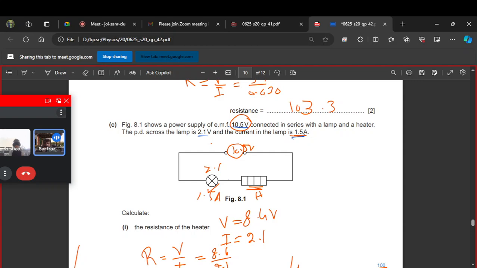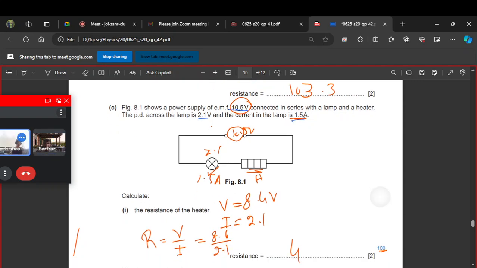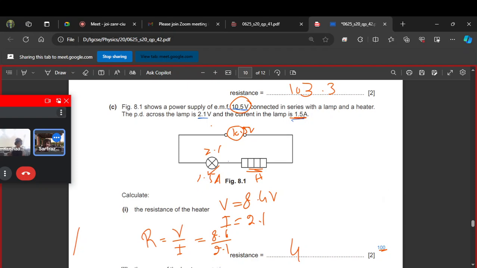So it was initially 10.5 volt, 10.5 minus 2.1. It was 8.4. Then current remains. Oh, we have taken the current wrong.